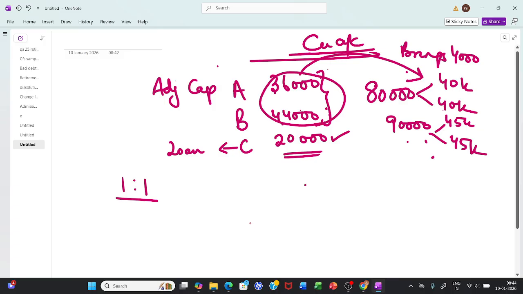capital, divide it. Last possibility after this is they want to pay C and their new capitals to be in the new ratio, and they'll bring in sufficient cash for that. There we take the adjusted capital of all 3, 44 plus 36 plus 20, that is 1 lakh. So that's the new capital.